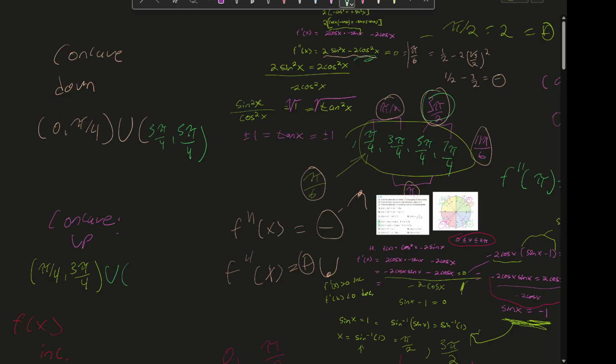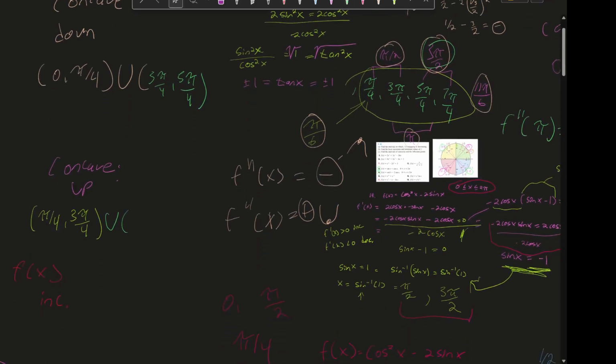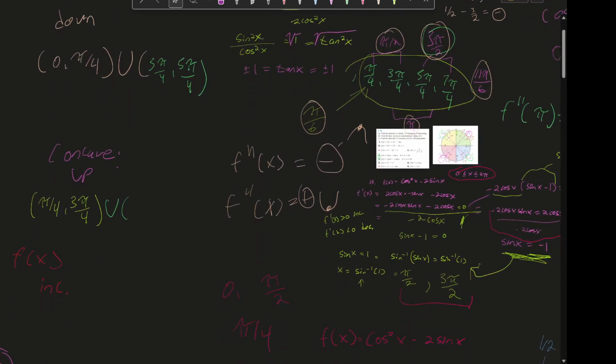So that's 2, which is positive. That's going to be in the concave up set, and that'll be 5 pi over 4 to 7 pi over 4. And logically that makes sense. You've got wave functions, it's alternating.